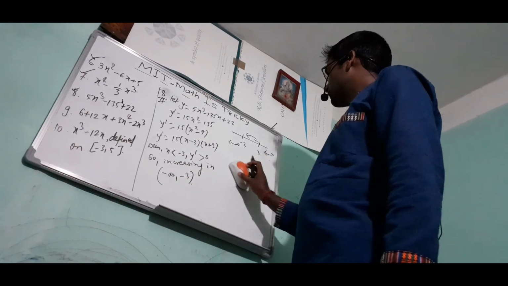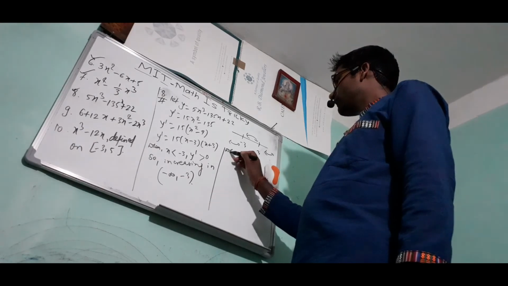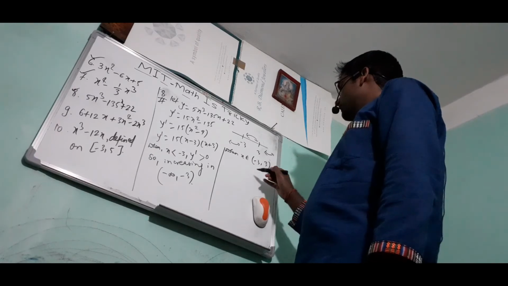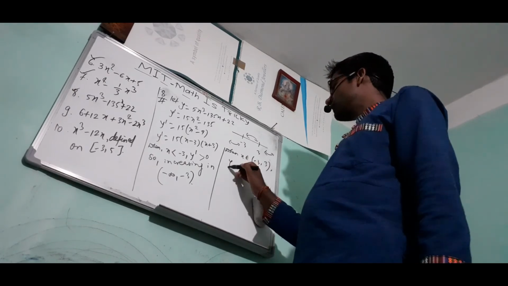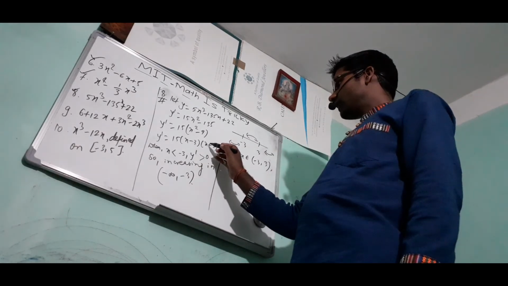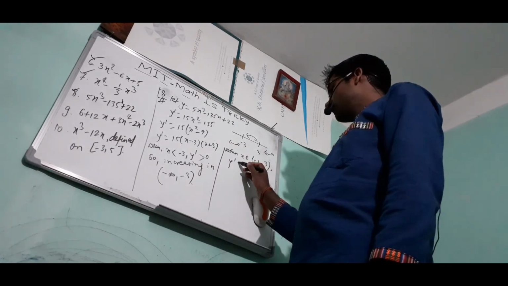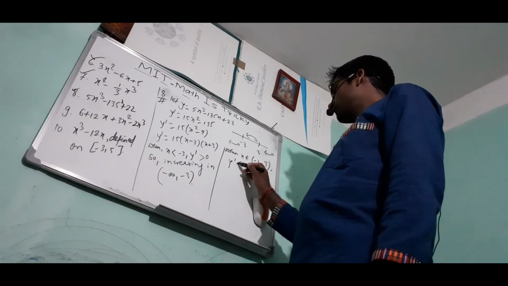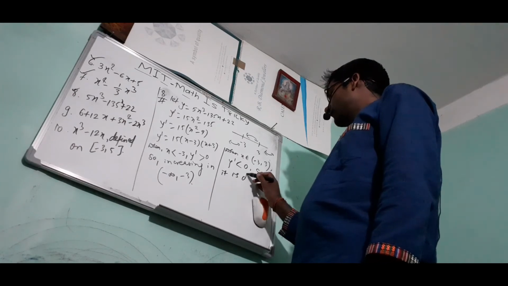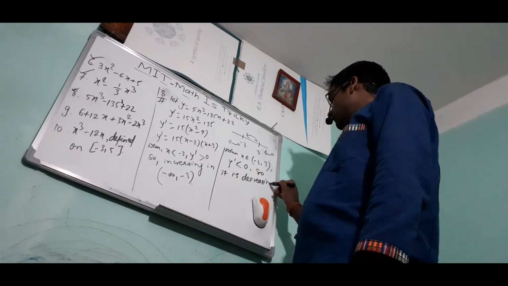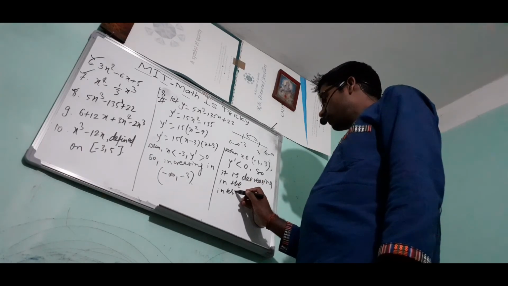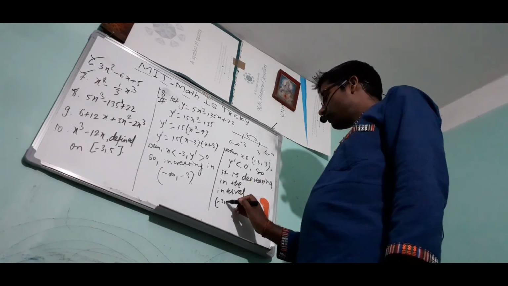Let's check the second one, when x belongs to the interval minus 3 and 3. We can check y dash. Let's put 0, so that it will be simply negative and this positive, so negative. Negative means less than 0, so it is decreasing in the interval minus 3 to 3.